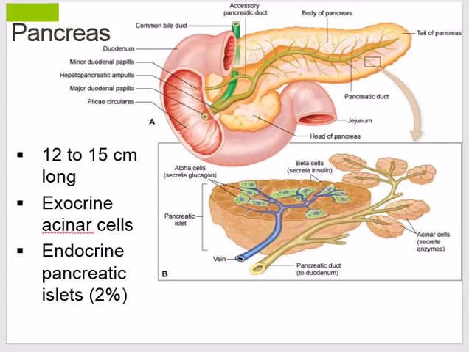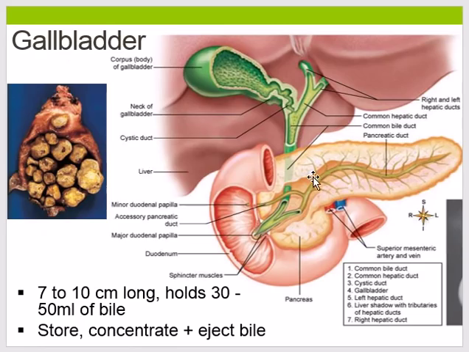And on our last slide here, we're discussing the last accessory organ of the GI tract as it pertains to this course. I want you to recall that the pancreatic duct, right here, also visualized here, merges with the common bile duct.